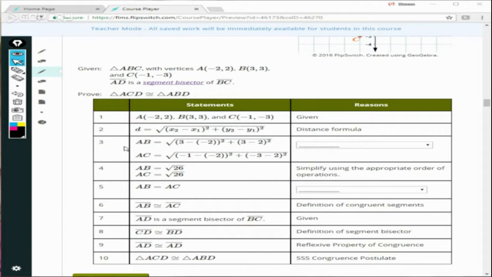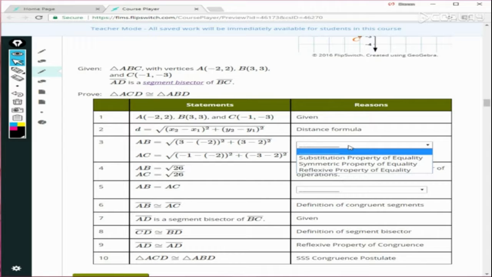Statement 3, the length of AB is equal to the square root of the quantity 3 minus -2 squared plus the quantity of 3 minus 2 squared, and the distance of segment AC is equal to the square root of the quantity -1 minus -2 squared plus the quantity of -3 minus 2 squared. So what is the reasoning here? Is it the substitution property of equality, the symmetric property of equality, or the reflexive property of equality?